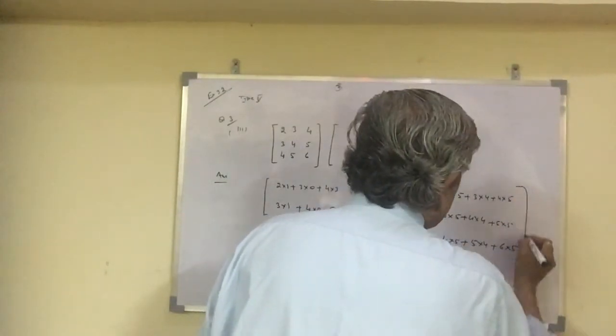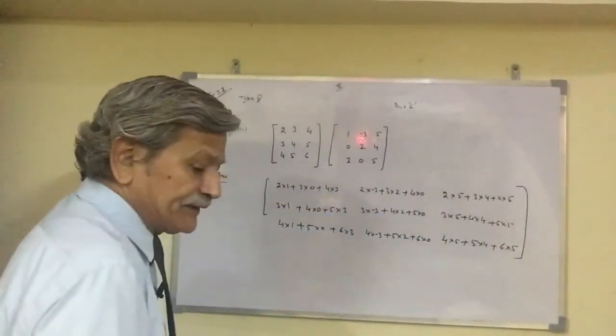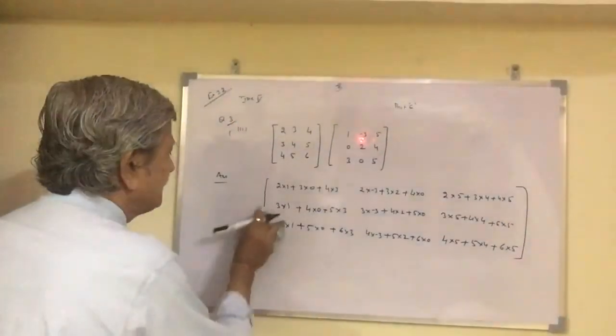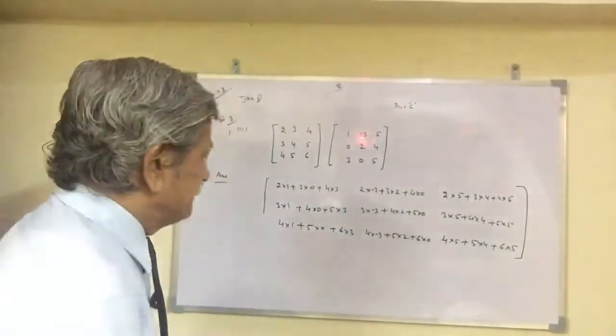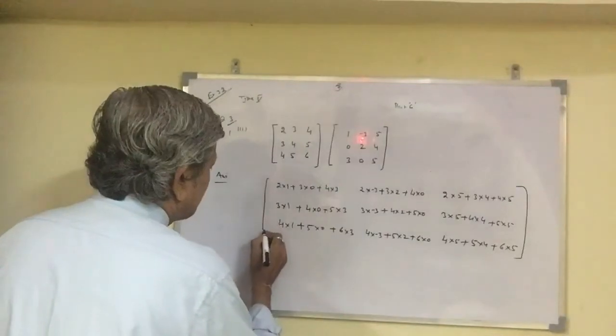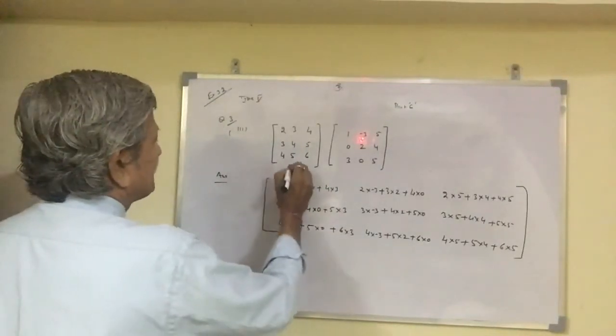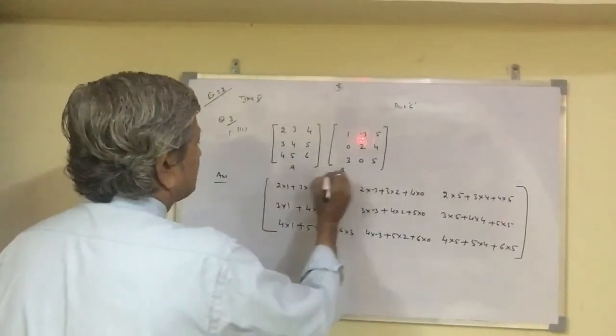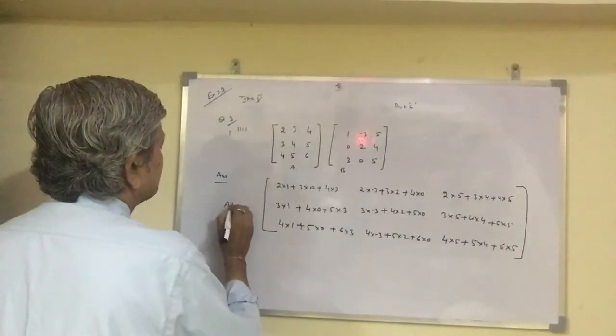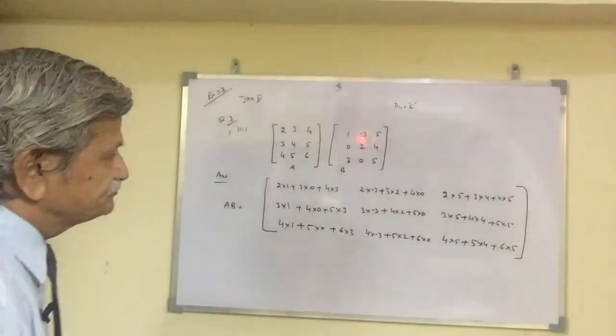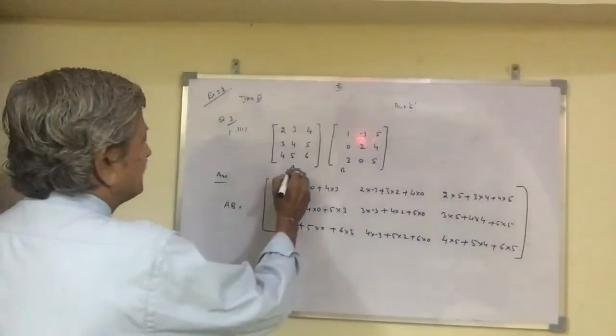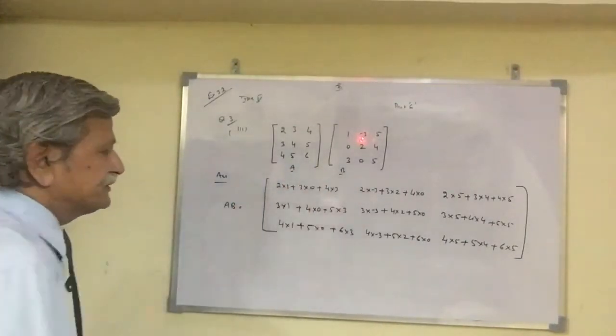So this will be the multiplication of both matrices. Suppose this is your A matrix and this is your B matrix, so the AB product is this one.